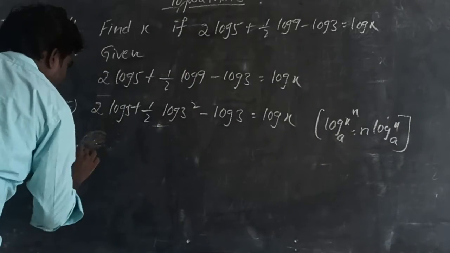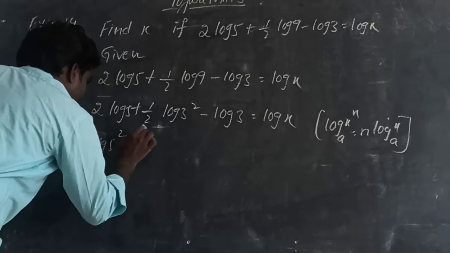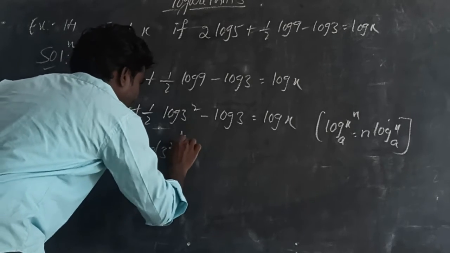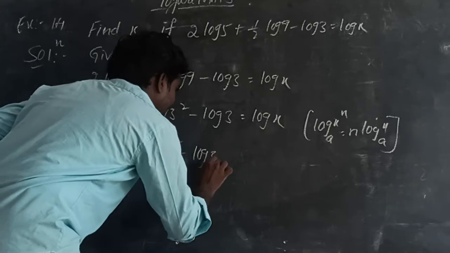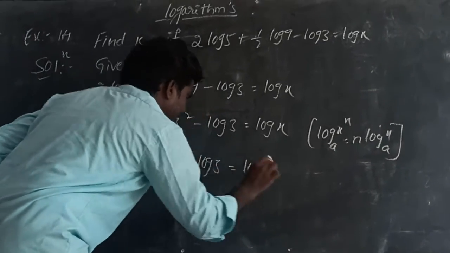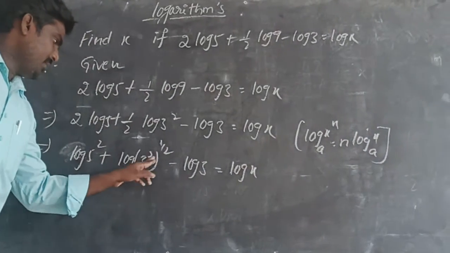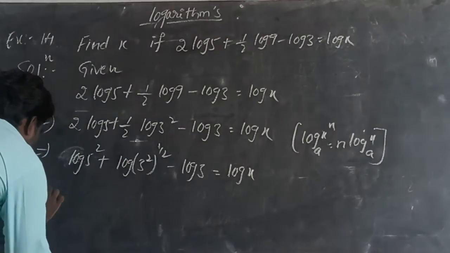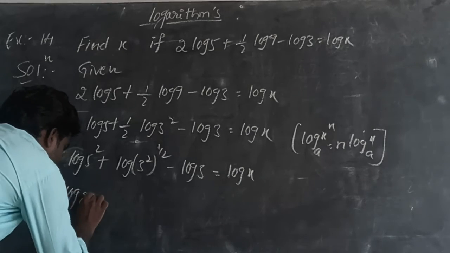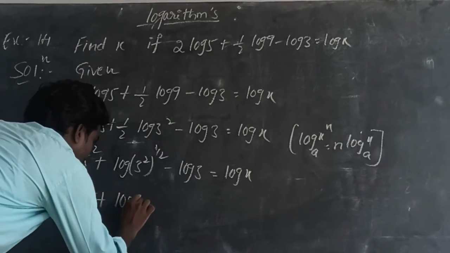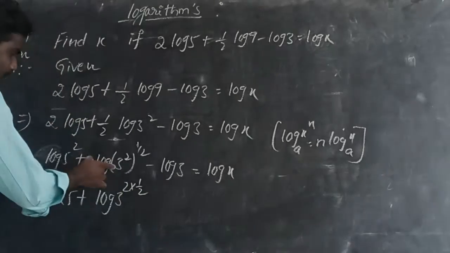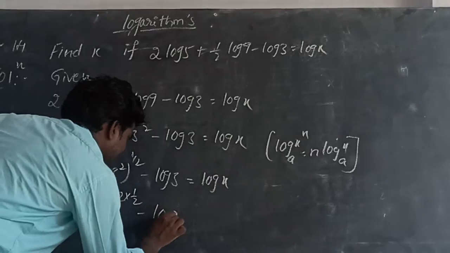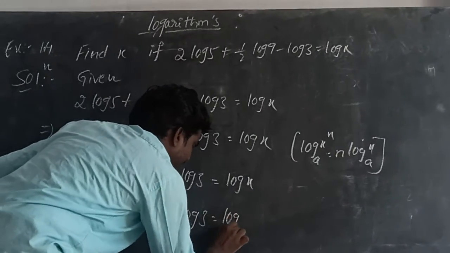So that is log 5 square plus log of (3 square) whole power 1 by 2 minus log 3 is equal to log x. Here we can use the formula (a power m) whole power n is equal to a power m into n. So log 5 square is 25, plus log 3 power 2 into 1 by 2, minus log 3 is equal to log x.